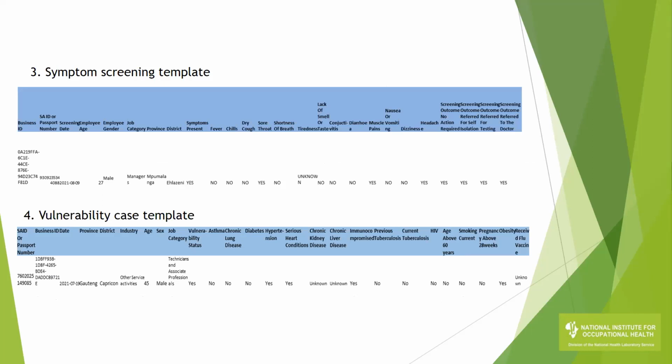So just be sure to delete this example before you submit your data, because this is just dummy data, like explained before. It's just there to guide you, but be sure to delete it from your submissions when you are doing your submission. We can go on to the next slide.